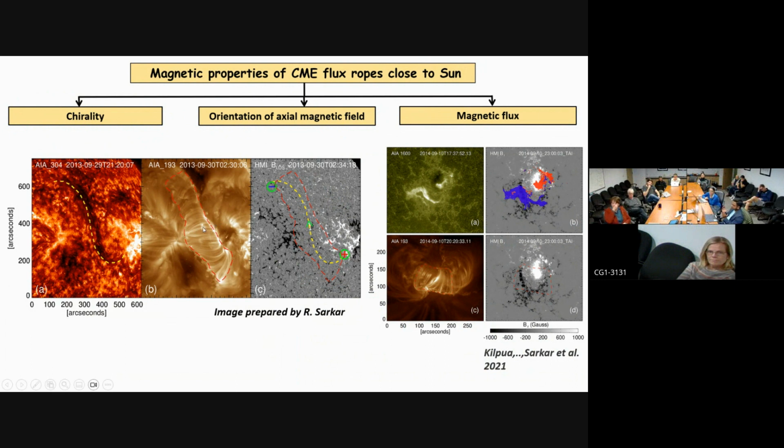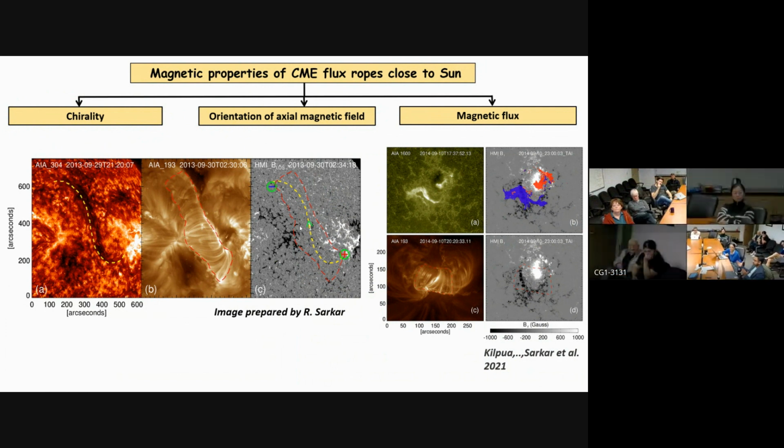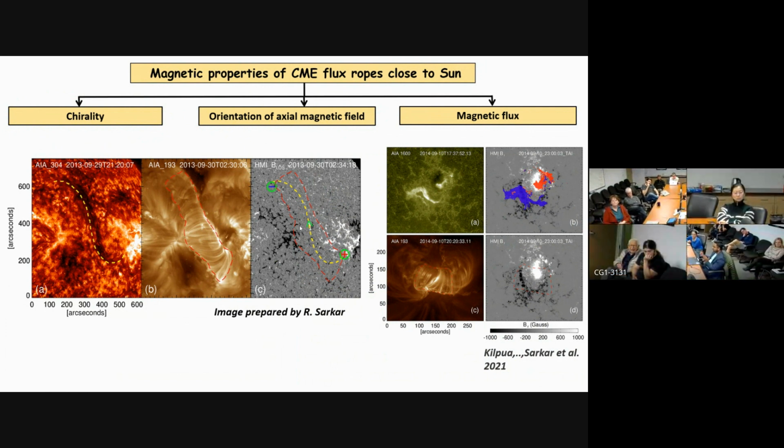And if we estimate half of the magnetic flux underlying these post flare loops, it is associated with the poloidal flux of a CME. So using this proxy, you can estimate the amount of poloidal flux. We can also use the flare ribbon intensity to estimate the poloidal flux.